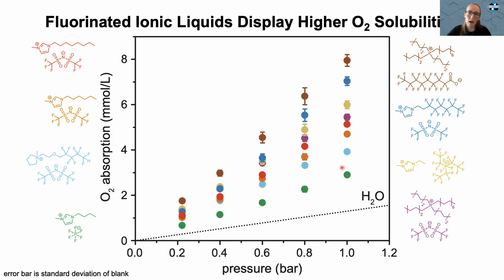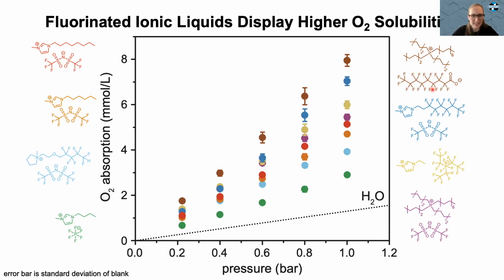And as we move up to higher and higher degrees of fluorination, we also get higher and higher solubilities. So for example, this blue structure here has a very fluorinated cation, and the brown structure has a very fluorinated anion, and they both have the highest solubilities that have been measured for oxygen in ionic liquids.